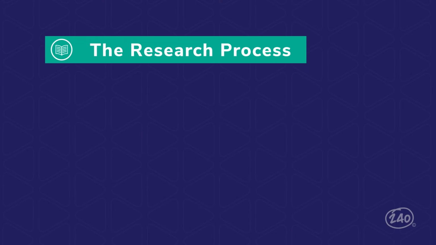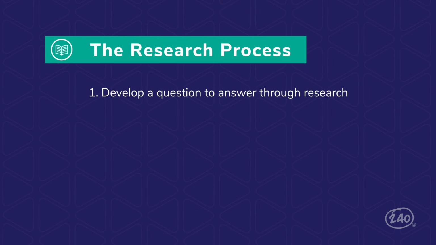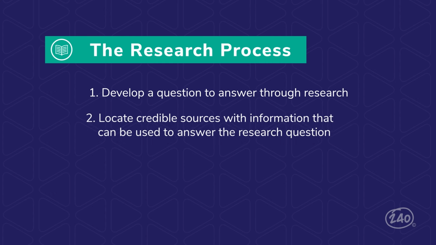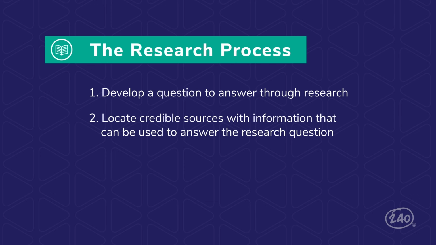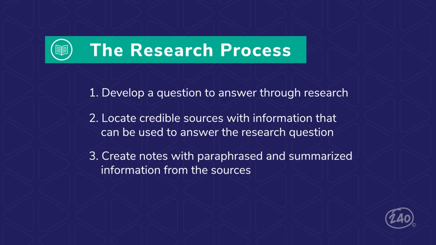We need to teach students the valuable skill of finding information from a variety of sources to answer questions. Here are the basic steps of the research process. First, develop a question to answer through research. This will become a thesis statement for high-level research. Next, locate credible sources with information that can be used to answer the research question. Then, create notes with paraphrased and summarized information from the sources.